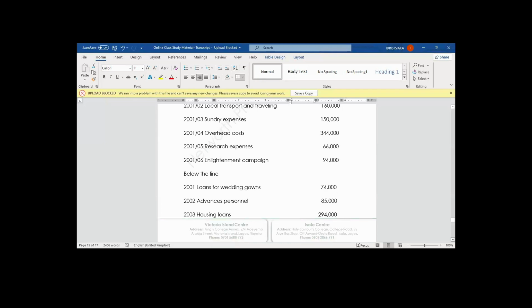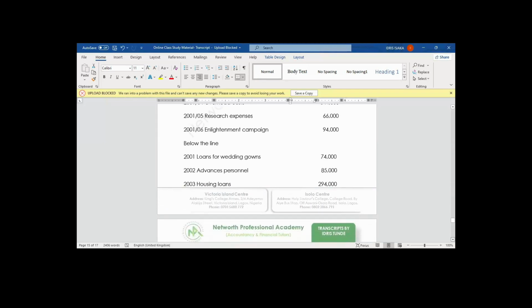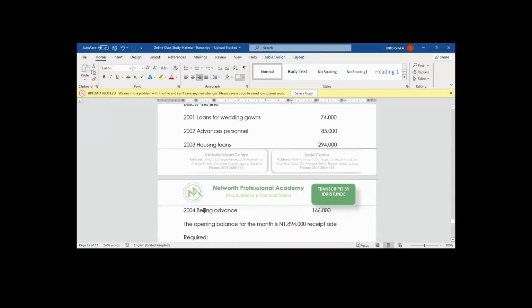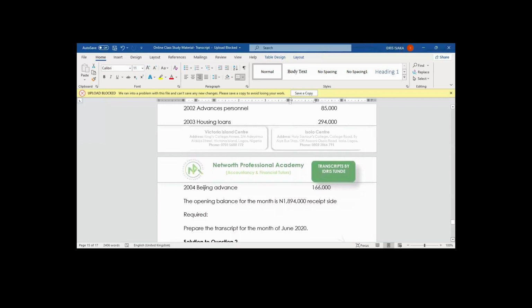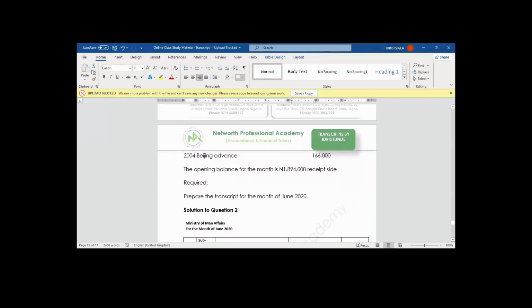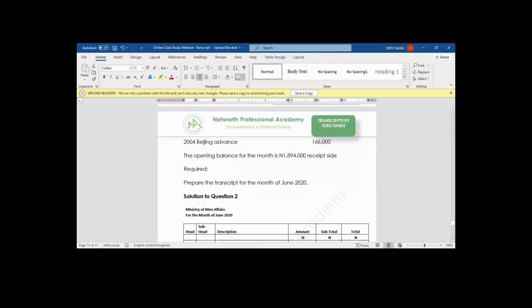We now have below the line items: loan for wedding gown, advanced personnel, housing loan, 2012 Beijing advance. The opening balance for the month is 1,894,000 in the receipt side. Required: prepare the transcript for the month.